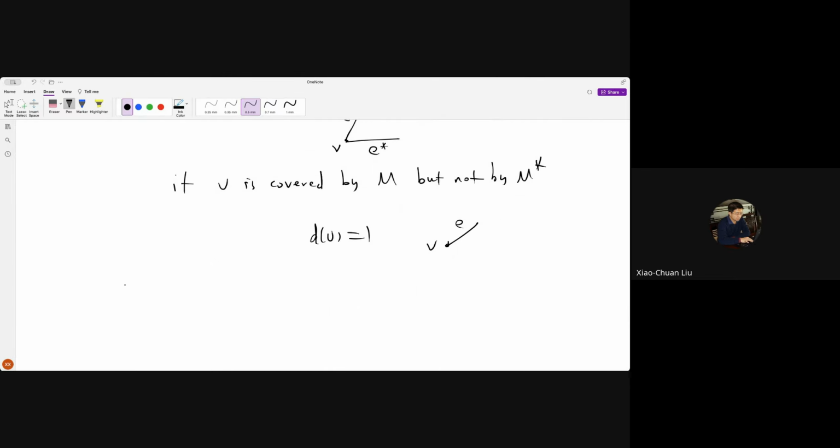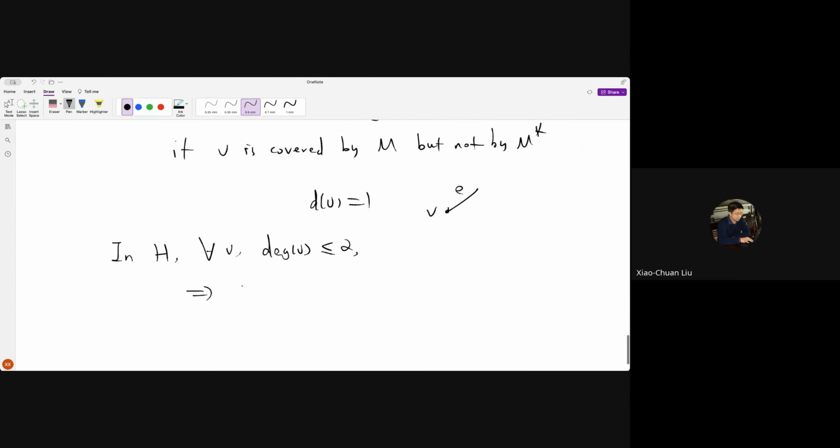Imagine in the graph H, all vertices have degree smaller or equal to 2. So what is this graph? This graph H must be a union of paths and cycles.